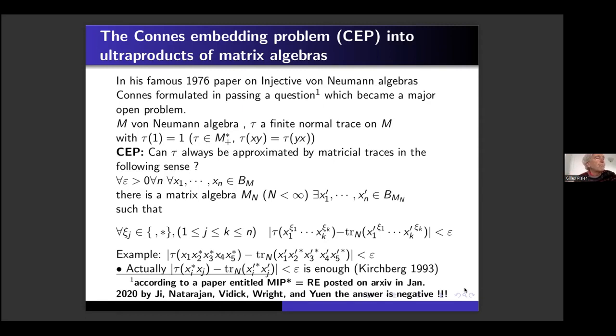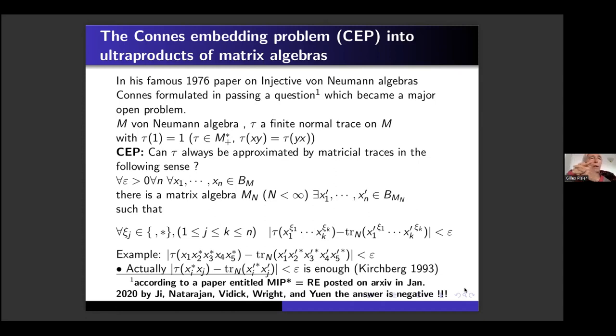That's what you should know. This is a very amusing story, because this is currently certainly the biggest open problem in operator algebra theory, and it was raised by Alain Connes really in passing in his very famous 1976 paper on injective von Neumann algebras.